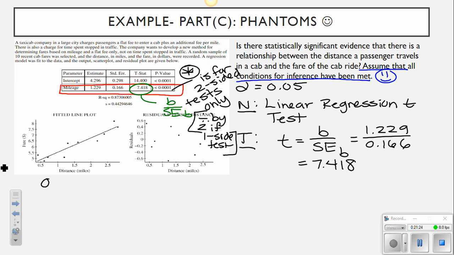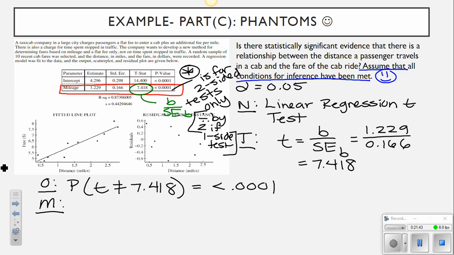All right, so the probability that t is not equal to 7.418 is less than 0.0001.